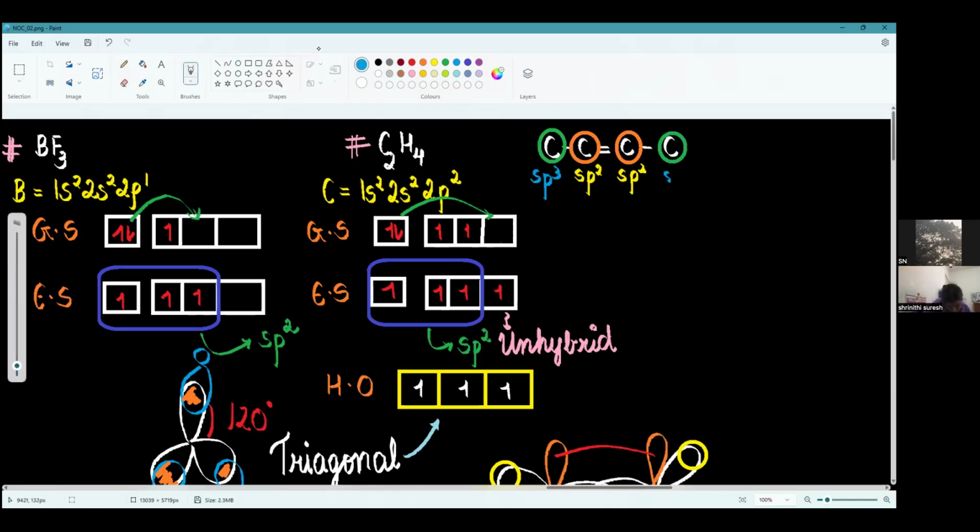Very simple to remember. If carbon has a single bond, it is sp3. If it has a double bond, it will be sp2. And after some time, I will teach you that if it has a triple bond, it will be sp hybridization. Got it, madam? Yes. Okay, just copy down this and let me know once it is done.